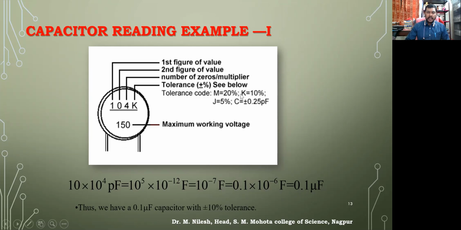So if there is a K, the tolerance is plus minus 10%. I have told you that if the value of the capacitance is 100, then it may vary from 90 to 110, so plus minus 10% of the exact value. That is the tolerance. So the K denotes the tolerance over there.